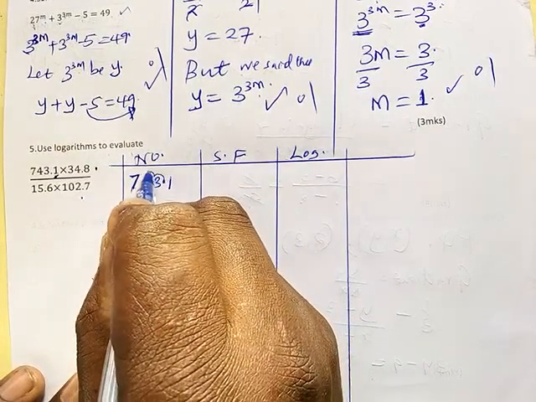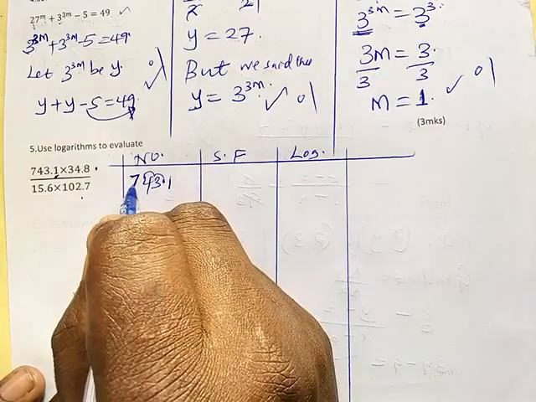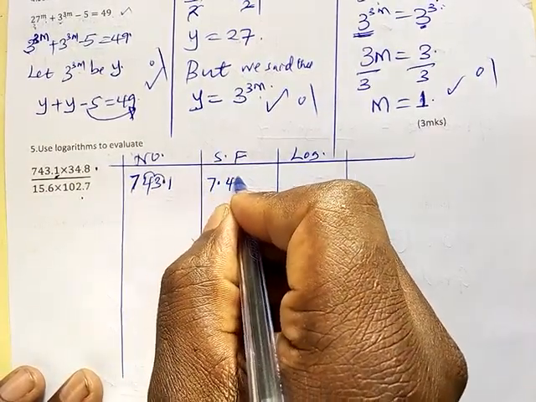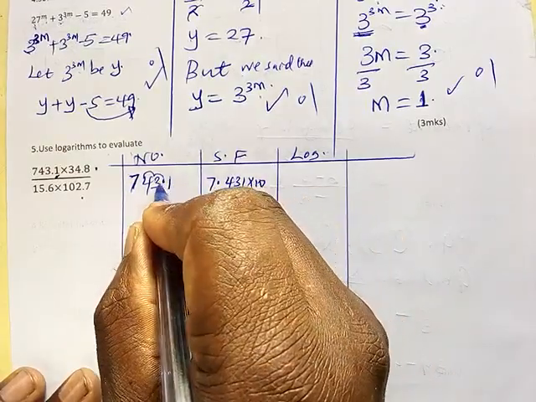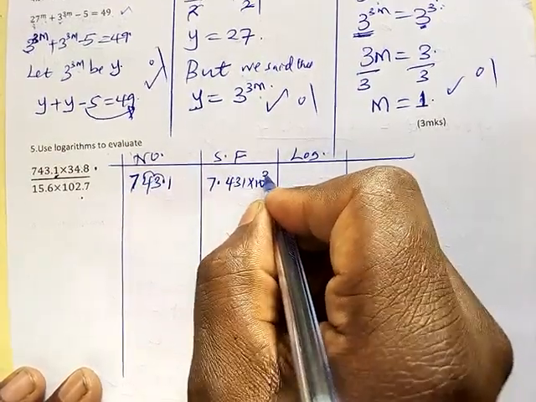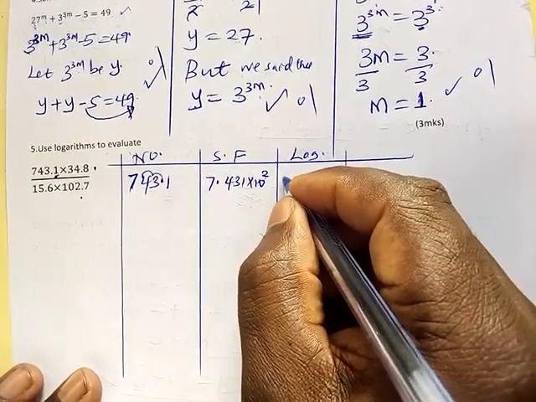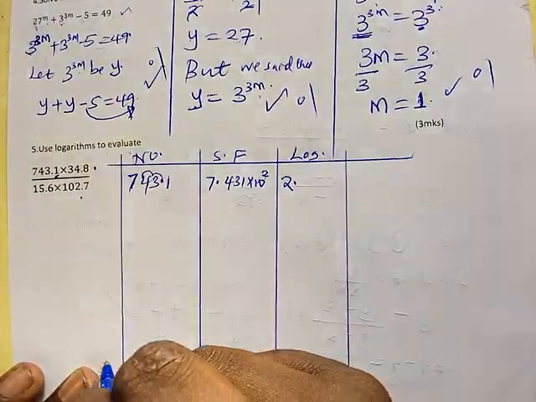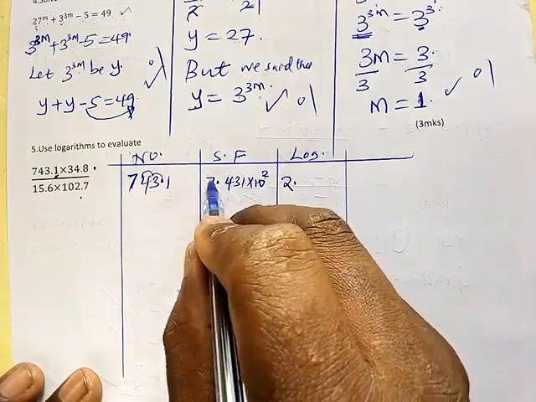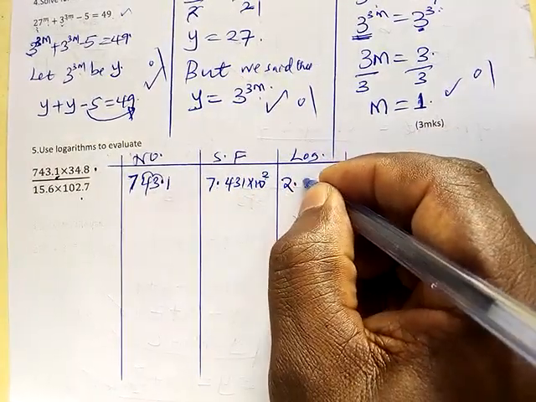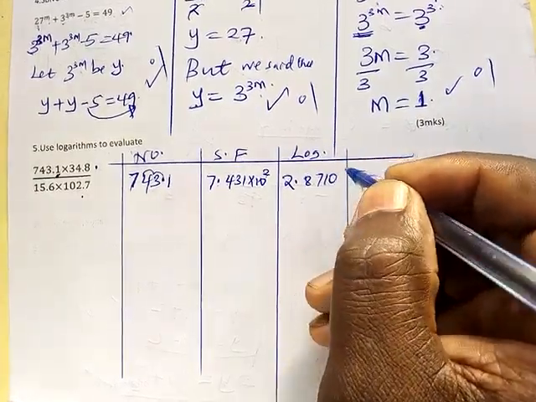We take it backwards to have a number that is between 1 and 9, that is 7.431 times 10, we were going backwards twice, so it's to power 2. And this 2 now is our characteristic in the logarithm form. That is, 2 is the characteristic, and the mantissa will come from the log of 7.431, and that one will give you 8710.